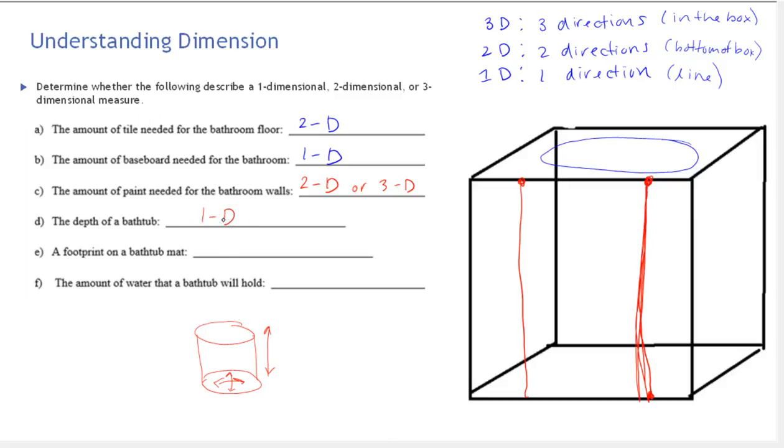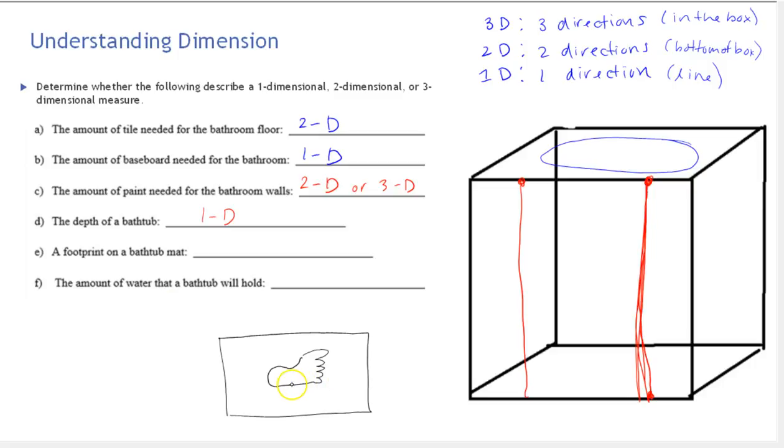Next, we're asked about a footprint on a bathtub mat. So I made my best attempt to draw a footprint on the bathtub mat. When you step out of the tub or the shower, lots of times you have that imprint of your wet foot on the bathtub mat. So how many dimensions does this have? Well, the outside of the footprint itself, we can draw that with a line.